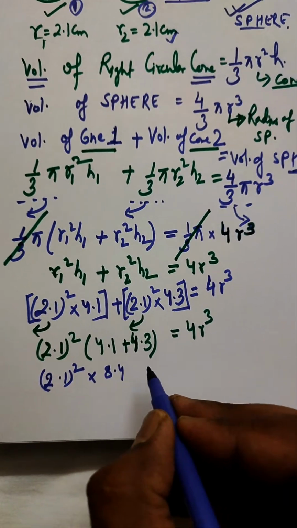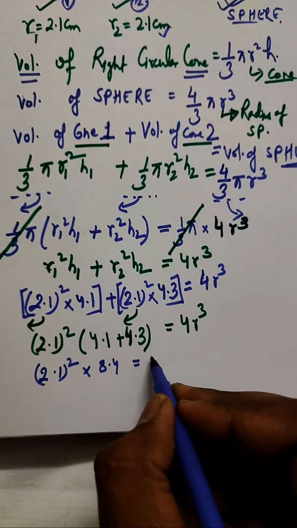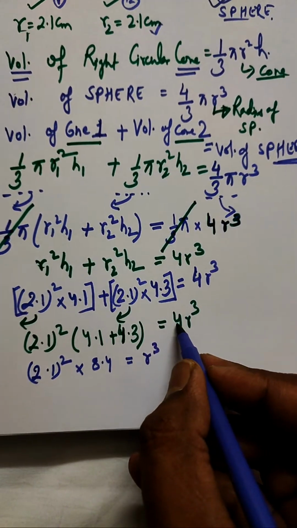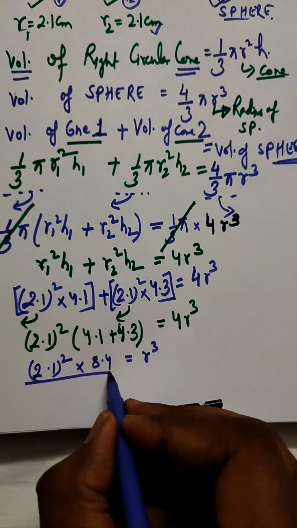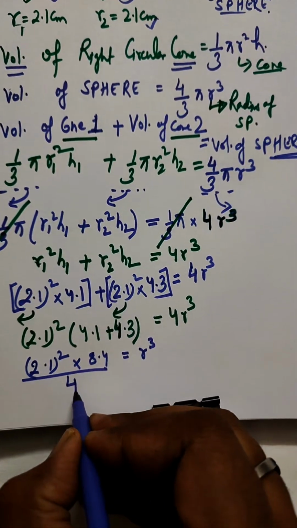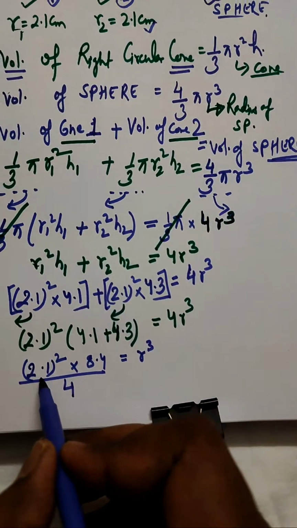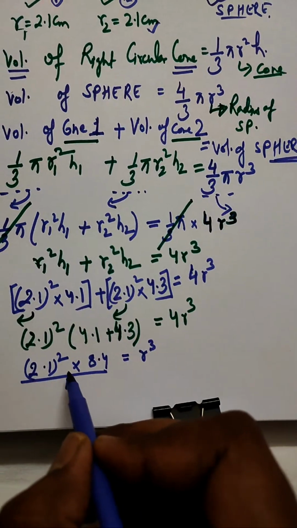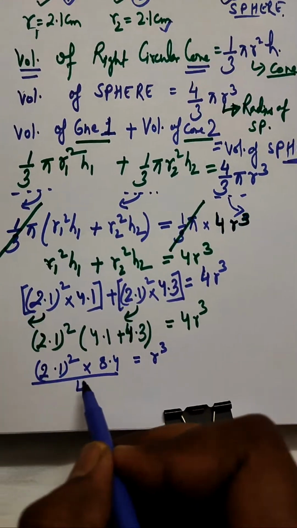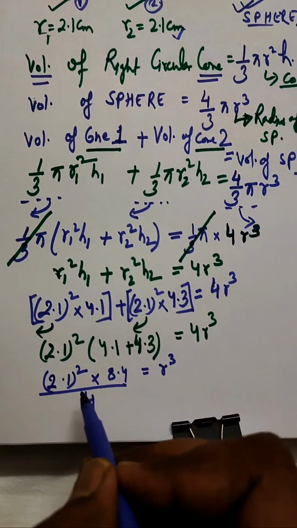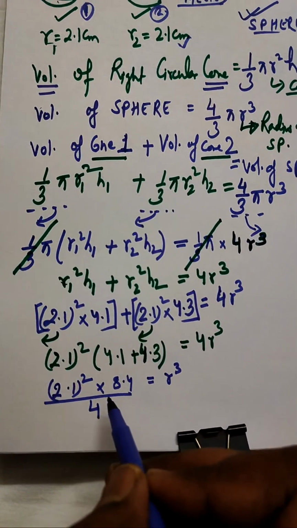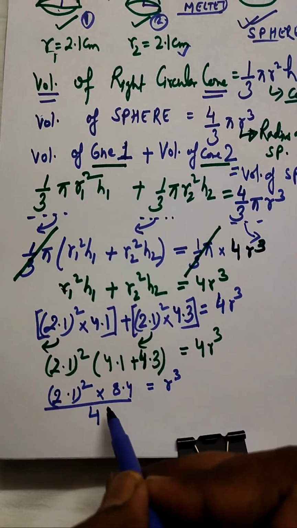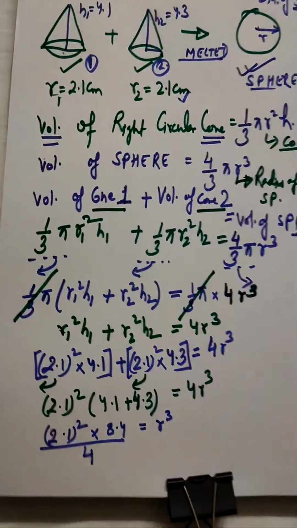This will be 8.4, and this will be equal to r cube, and bring this 4 from the RHS to the denominator of the LHS. So you can see here it's r cube. If there are 3 common terms in the LHS, and when we take the cube root, then we are left with our answer, right?